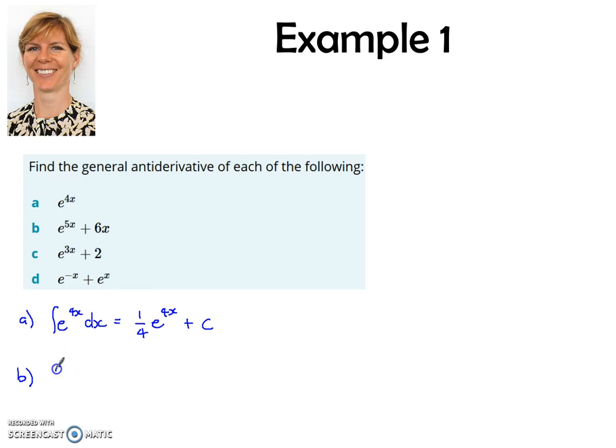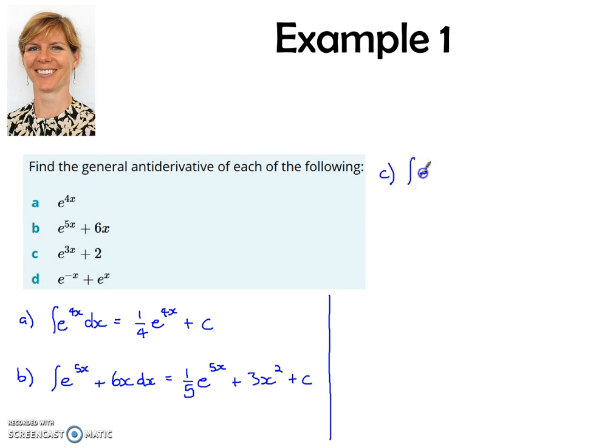Then b, I've got e to the 5x plus 6x dx. Okay, so same thing again. 1 over 5, e to the 5x, and then of course the antiderivative of 6x is 3x squared plus c. Okay, we'll go up here for c.